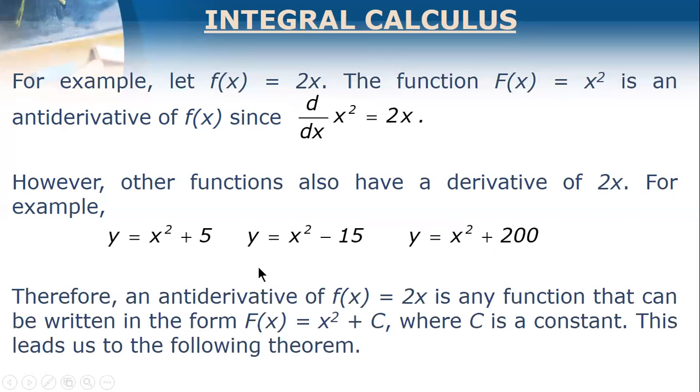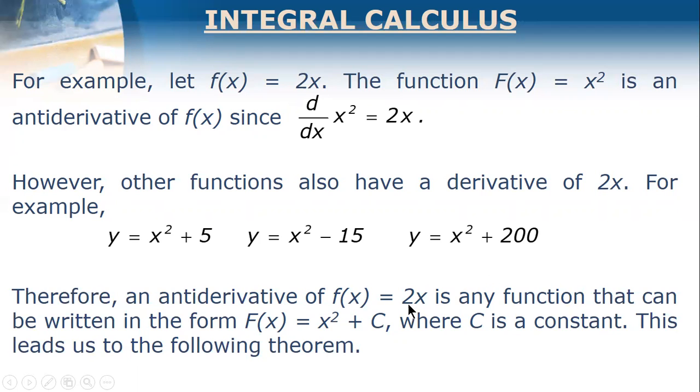So, let us generalize. Therefore, an antiderivative of 2x is any function that can be written in the form capital F of x equals x squared plus c, where c is a constant, such as this, di ba?